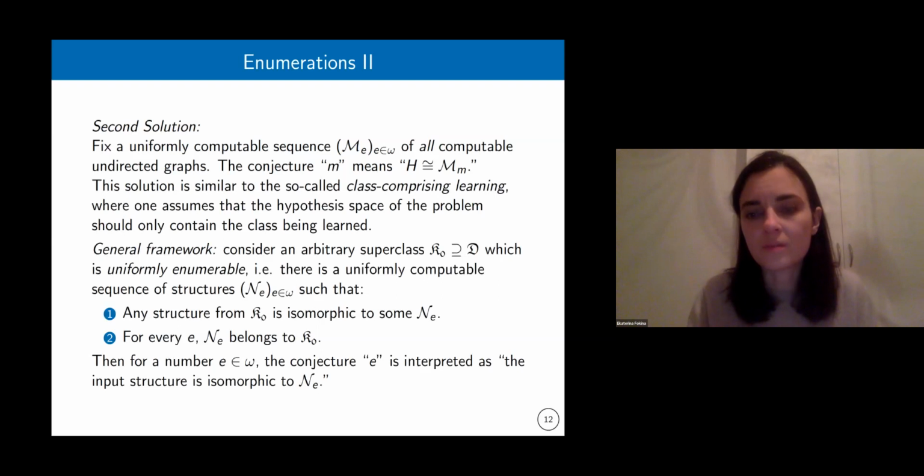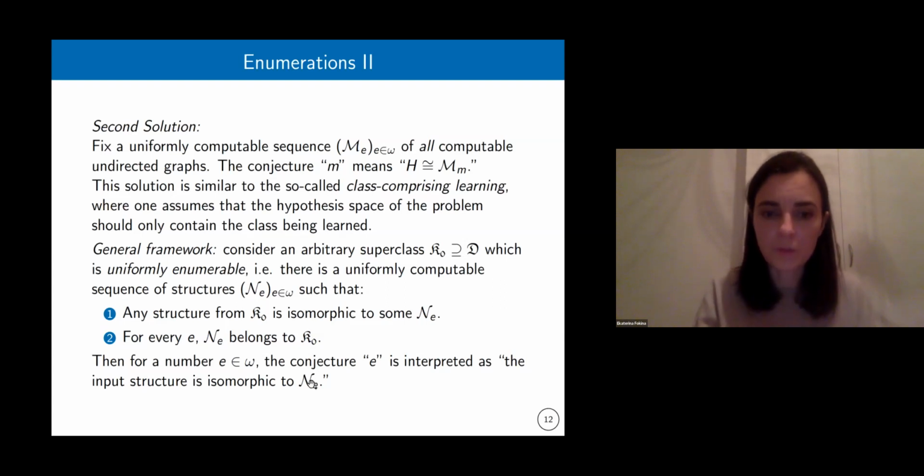In general, if we do not talk about graphs but about arbitrary classes of structures, it means that we fix some arbitrary superclass of our class that is uniformly enumerable. And then we interpret the hypothesis E with respect to this enumeration of this superclass.